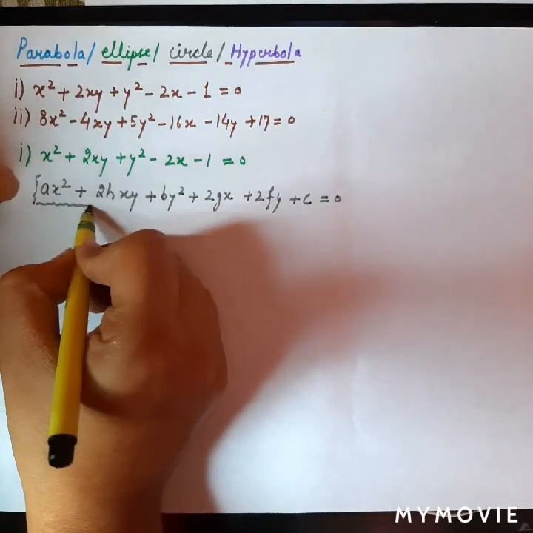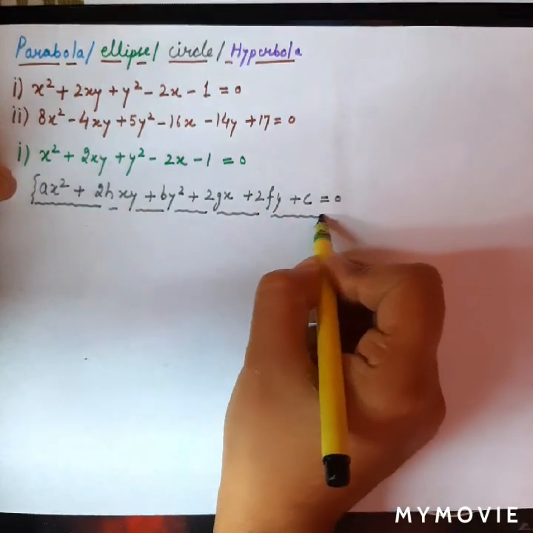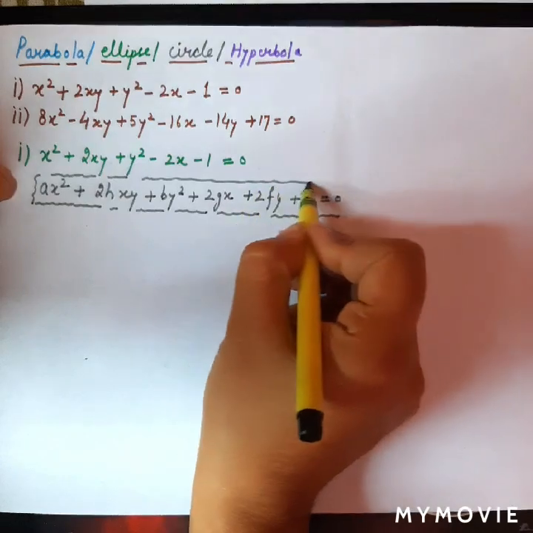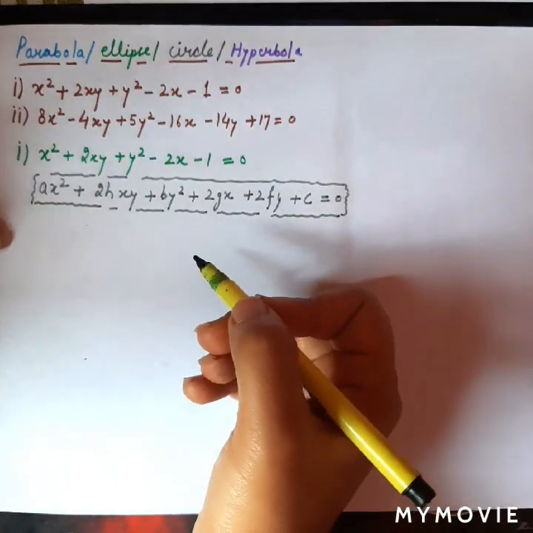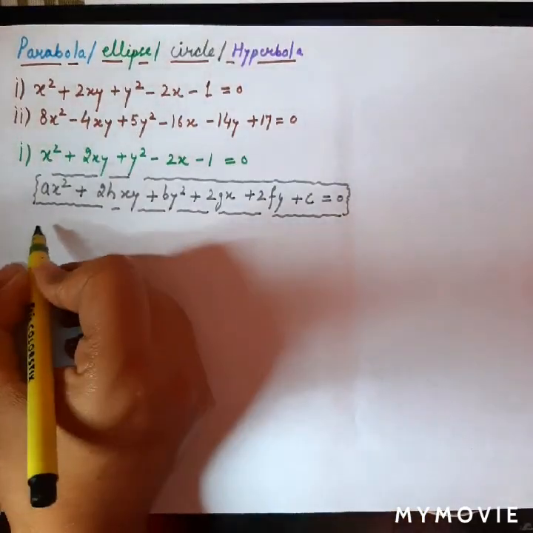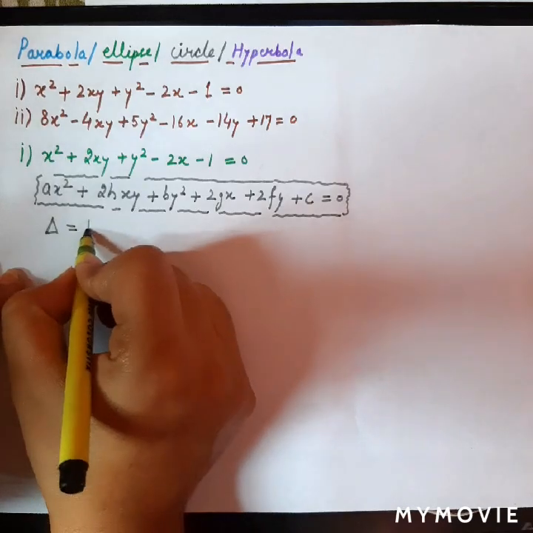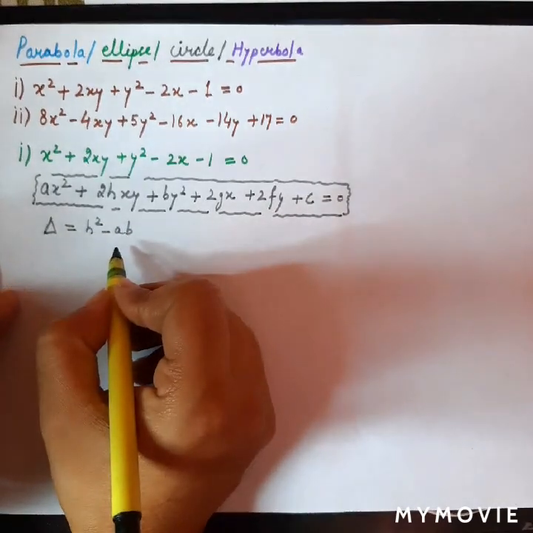This is a kind of formula that you will never forget in order to find the type of equation this belongs to, right? And there are some other terms that I will use, which is delta, and delta will be equal to h square minus ab, right?